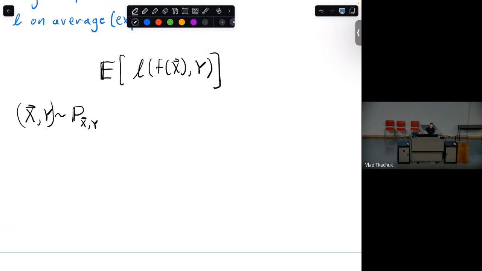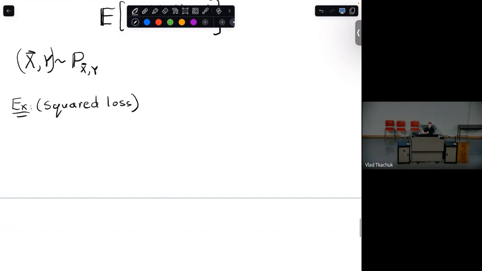Let's do an example with the squared loss. I'm going to plug a loss into this expected value and unroll the expected value using its definition from probability. Then we'll try to understand the object.